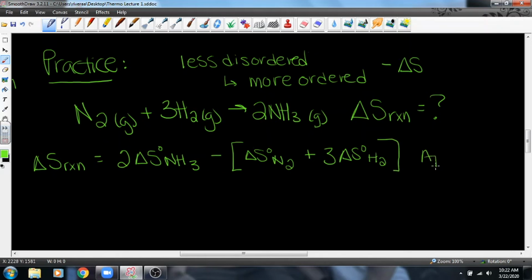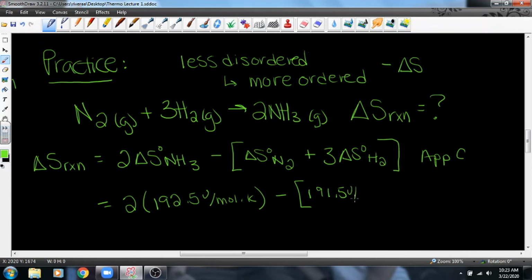Okay, and then I'm going to go look up these values, like I said, in Appendix C. So my molar entropy for the ammonia is 192.5 joules per mole Kelvin minus my N2, which is 191.5.